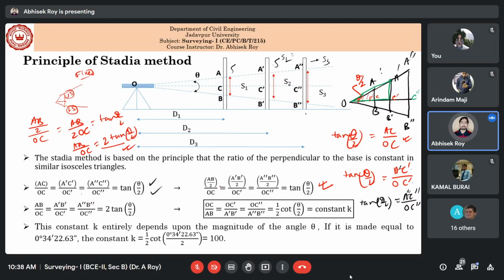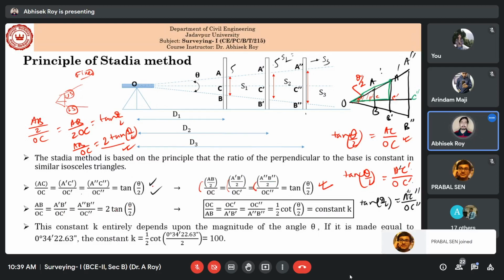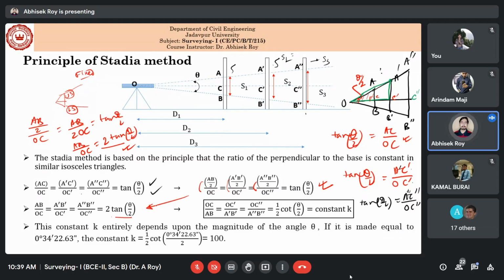In a similar way, I have written AB by OC, A'B' by O'C', and A''B'' by O''C'', and all of them will be equal to 2 tan theta by 2. So I guess this line is clear to everyone.